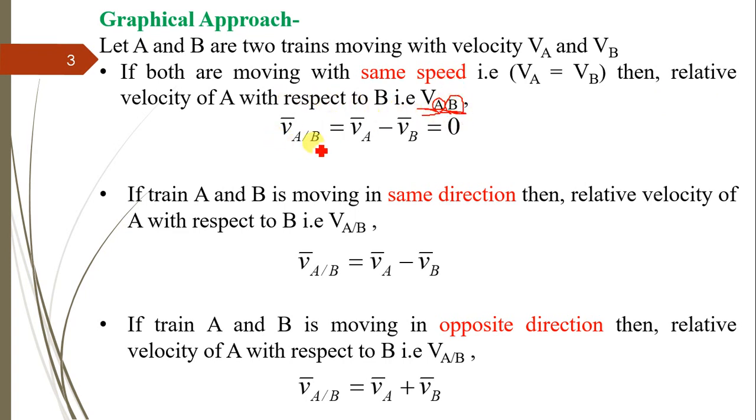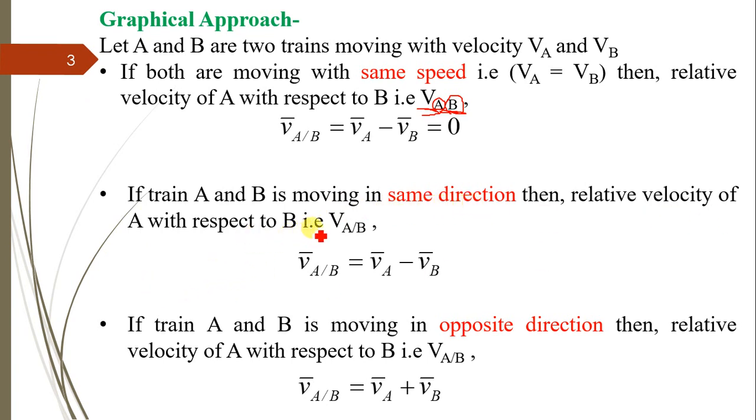So V A/B is determined as VA minus VB is equal to 0. Now as VA and VB are same, the relative velocity of A to B is equal to 0. It means that when both the objects or both the trains are moving with the same speed, then their relative velocities are 0.